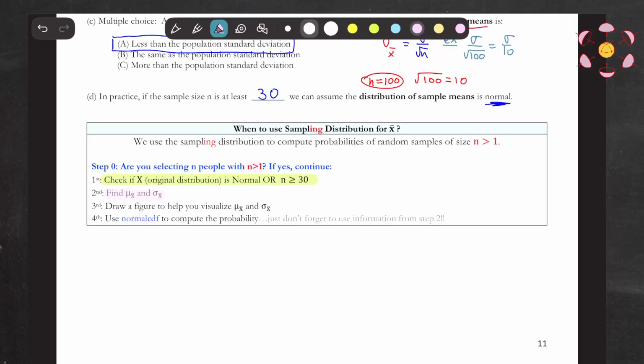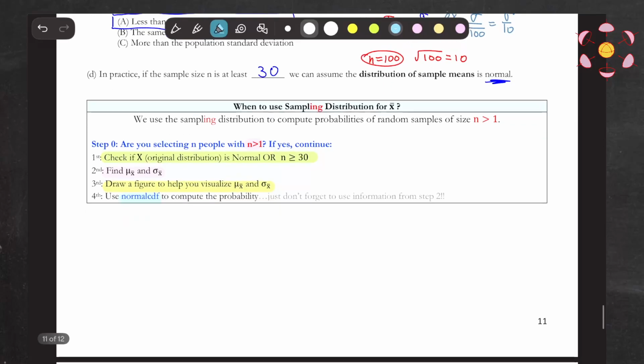Then we're going to find these using the formulas in the formula sheet. I always recommend, and not recommend, I require that you draw a picture. This is how you prove to me you understand what all of the symbols and formulas mean. And then once you've done that, of course, you just use normal CDF to compute the probability.